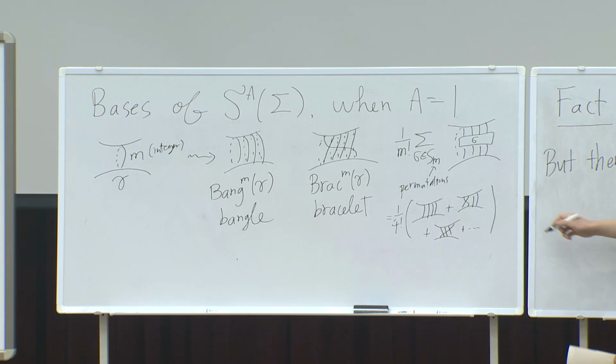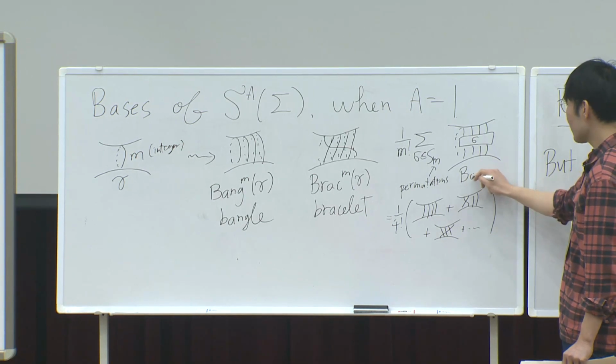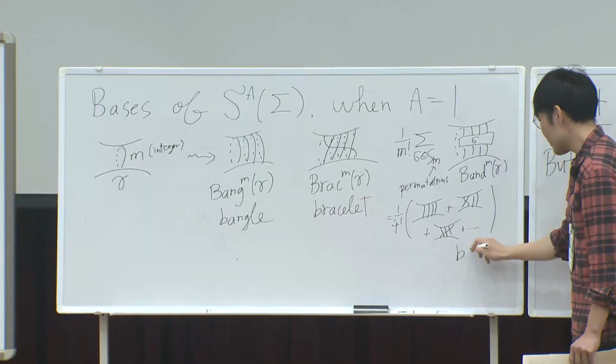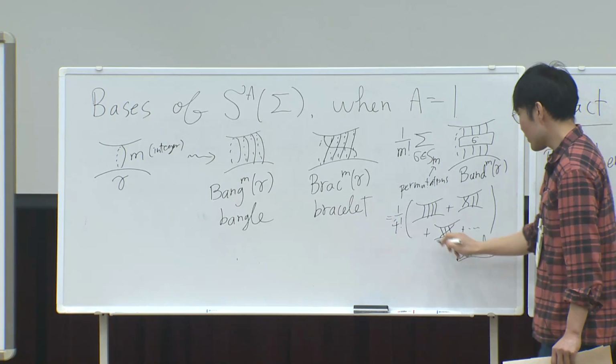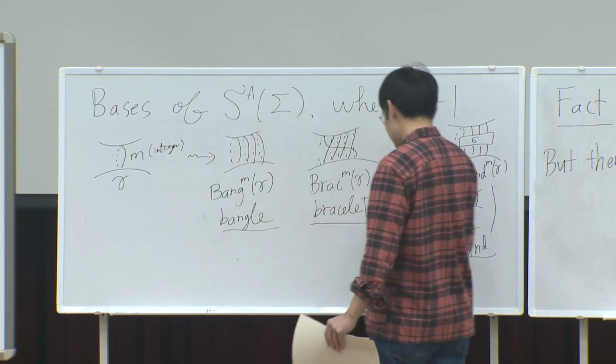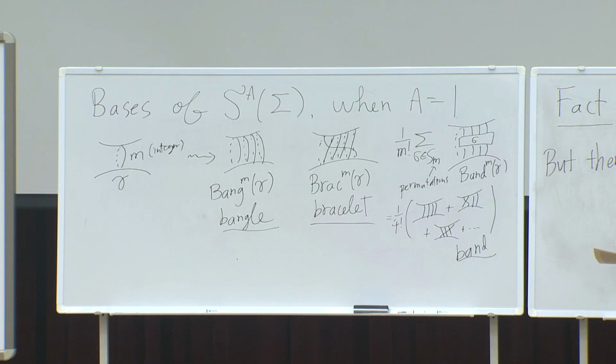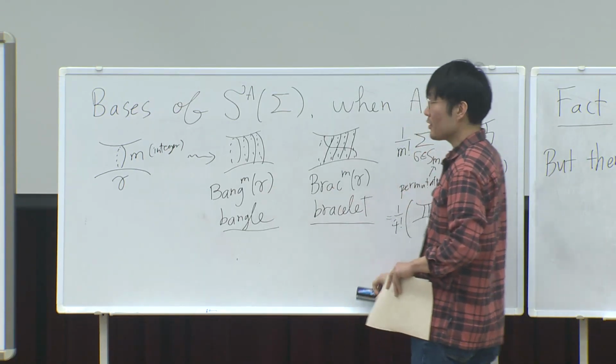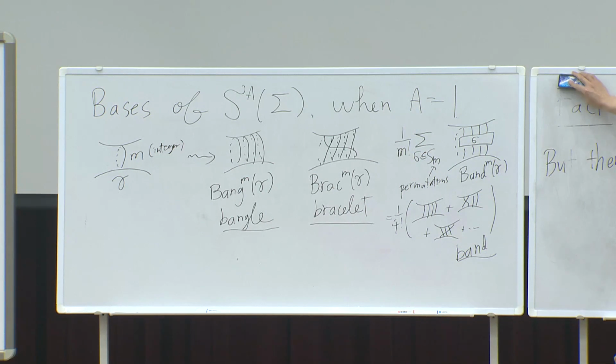And that's called bands. So band, this is a band. So I gave 3 different pictures: bangle, bracelet, band. And so given an integral lamination, you do this for every component and just take the product, or union, if you like.